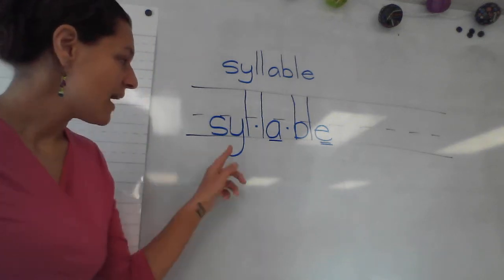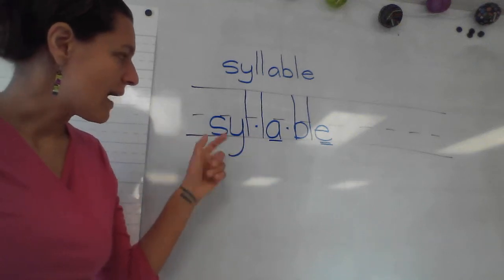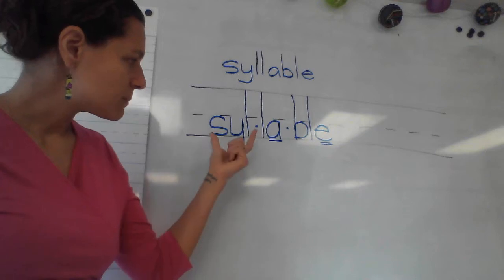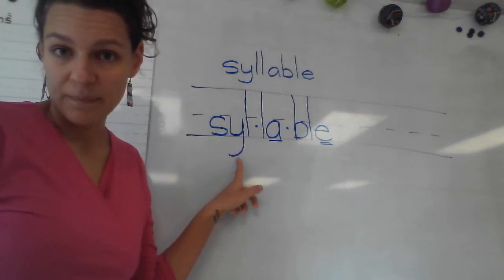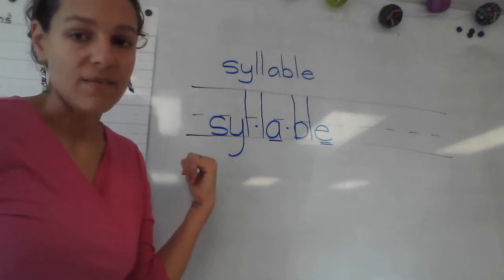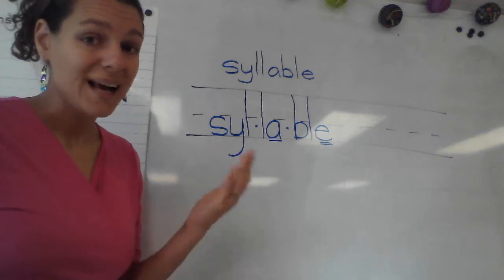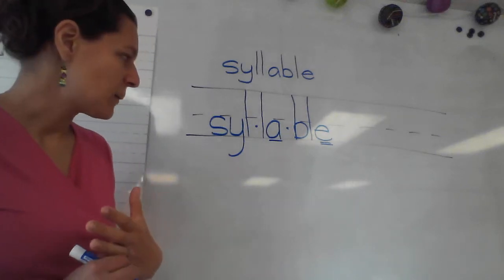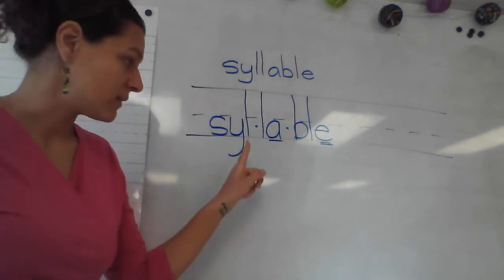So that means that since we don't have any other vowels in this part of our word, we know that this has to be making a vowel sound, right? Because every chunk of an English word has to have a vowel in it.